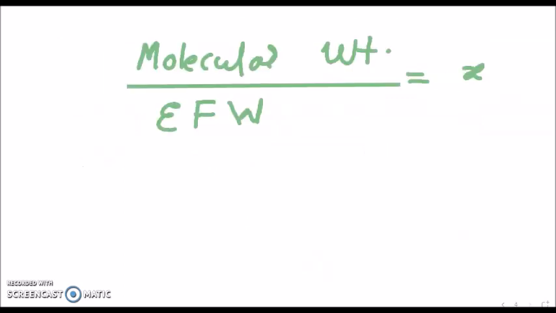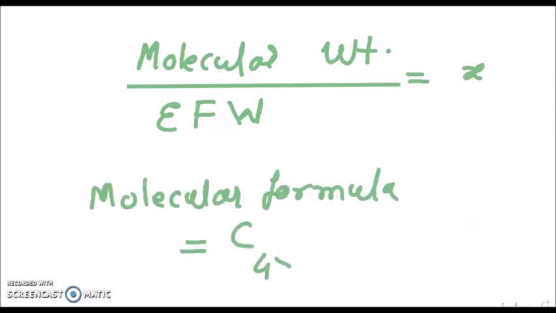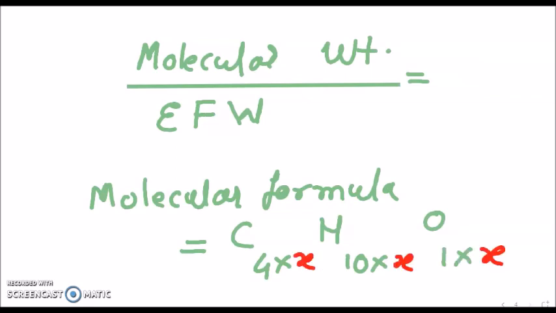So the molecular weight divided by the empirical formula weight will give us a coefficient X. How will we use that coefficient X? We multiply each and every element in the empirical formula by that coefficient X, which we have derived from dividing the molecular weight by the empirical formula weight, and that will give us the correct molecular formula.